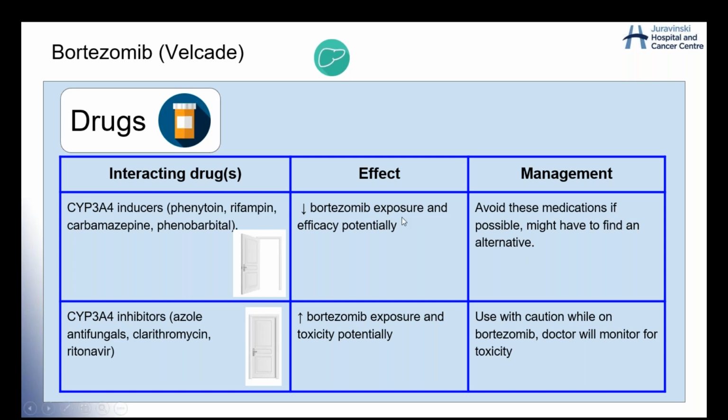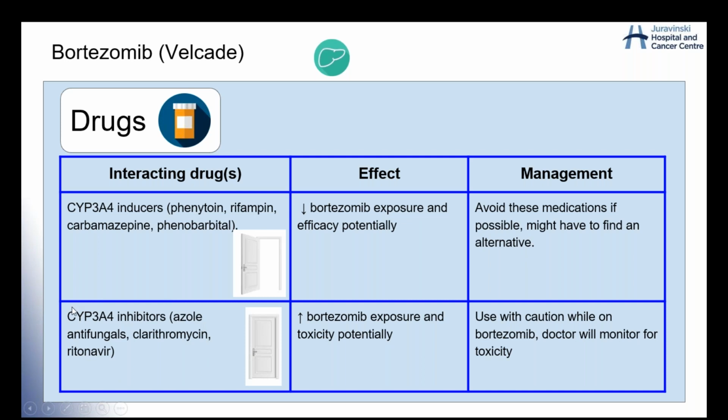So then that reduces bortezomib exposure because it leaves before it can do its job, and that can affect how well it does its job. So the idea here is to try and avoid these medications if possible, but sometimes you won't be able to, because obviously you're taking them for an important reason, and maybe an alternative needs to be suggested by the physician or to the physician.